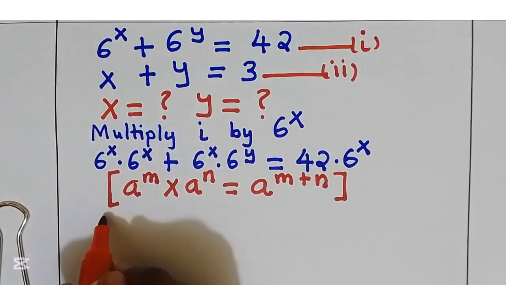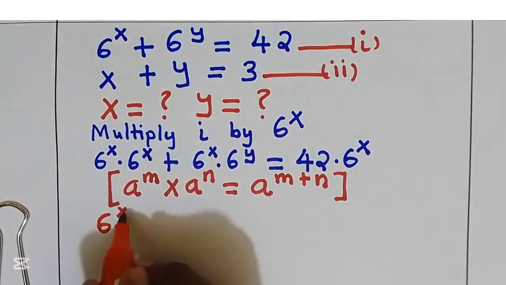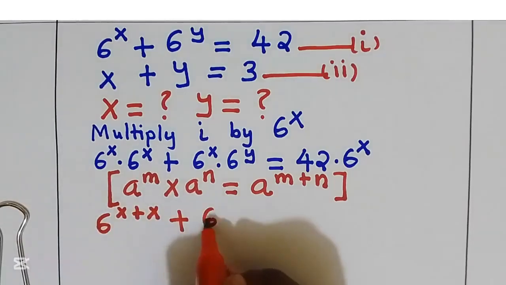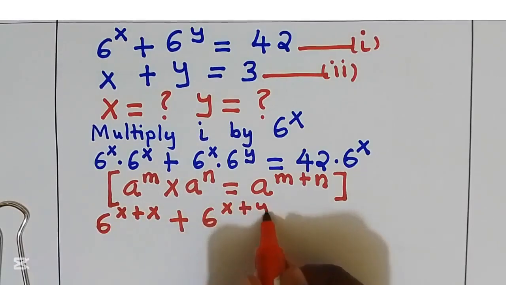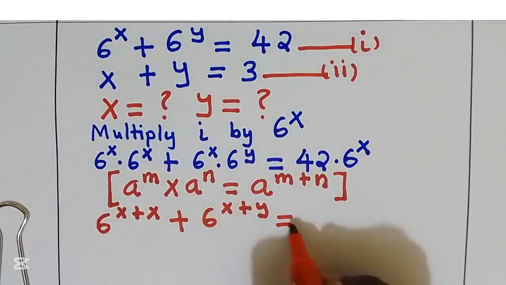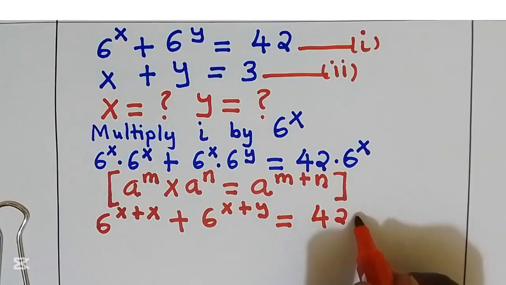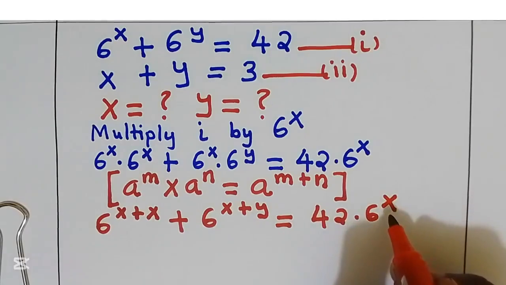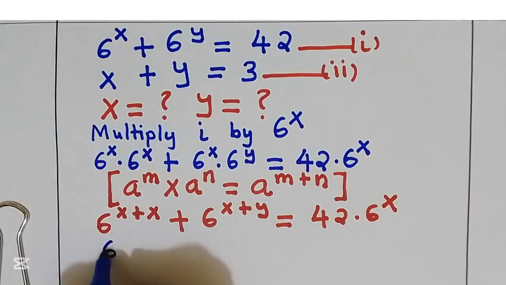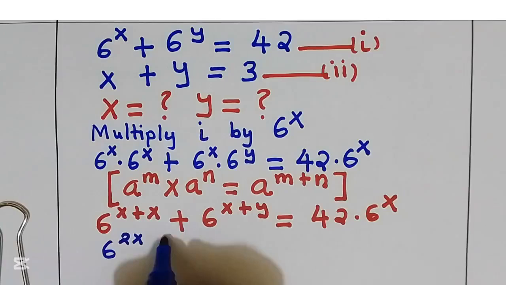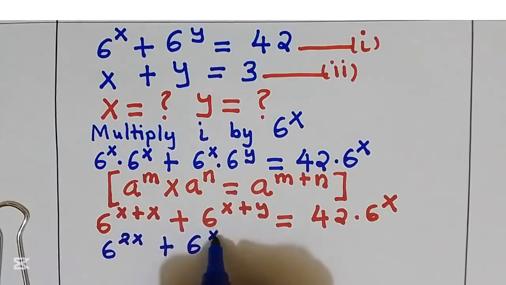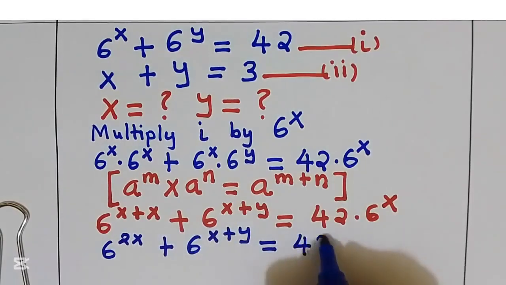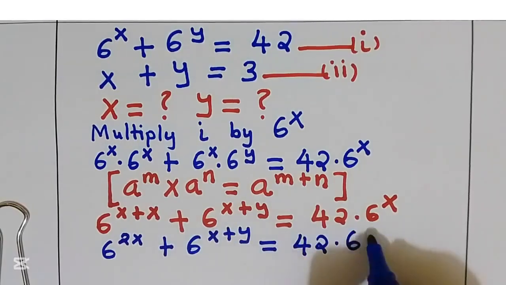That is going to be 6 power 2x plus 6 power x plus y, this is equal to 42 multiplied by 6 power x.